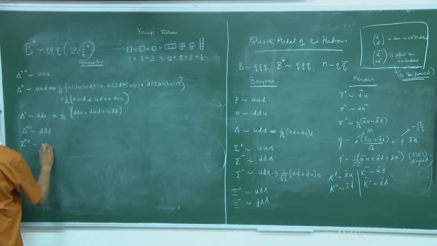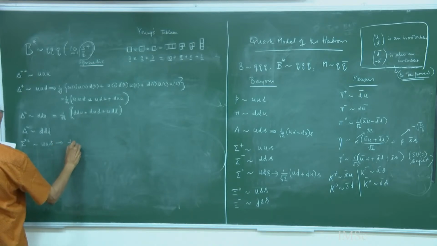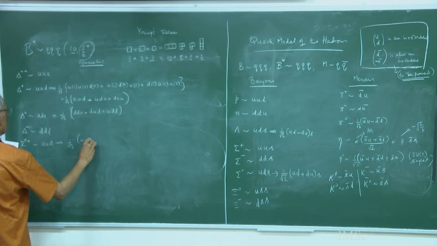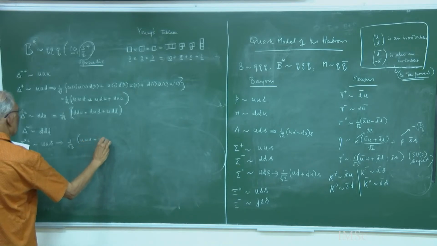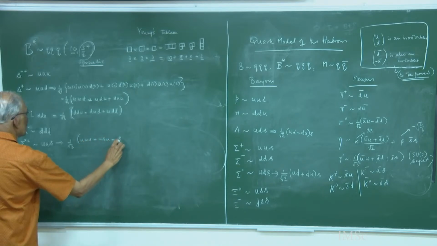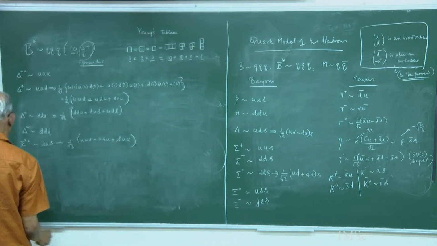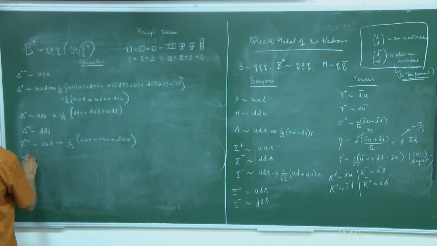By counting the strangeness, you can see that it has to be UUS, but we have to symmetrize. Sigma star.